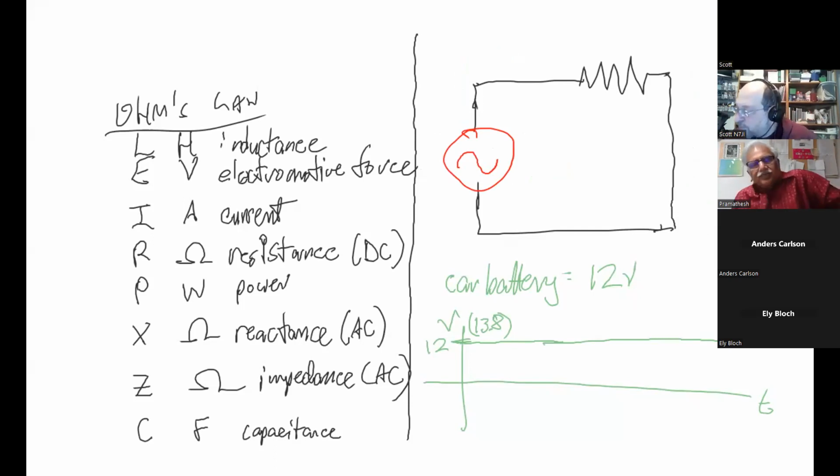So for the first half of the period of a sine wave, this is the plus part, and the second part is the negative part. During the plus part, the current would flow this way.